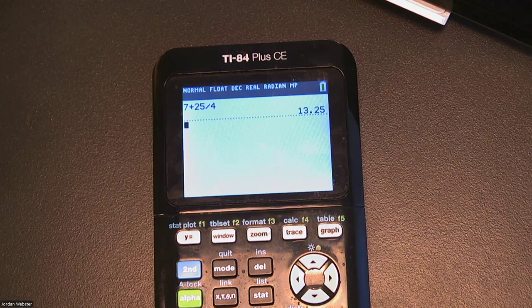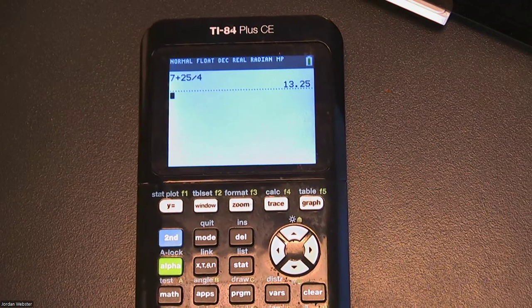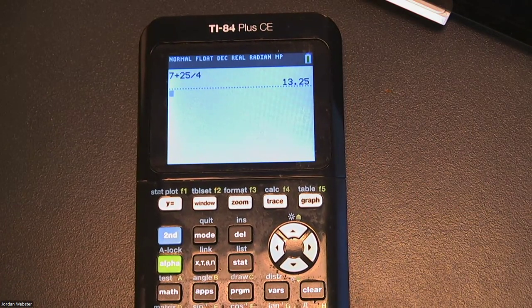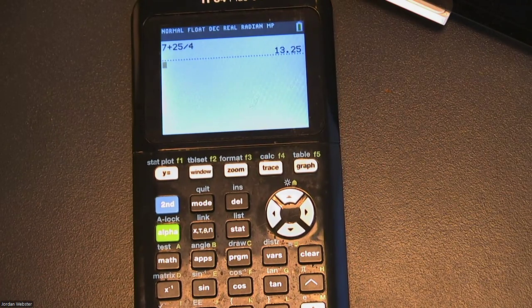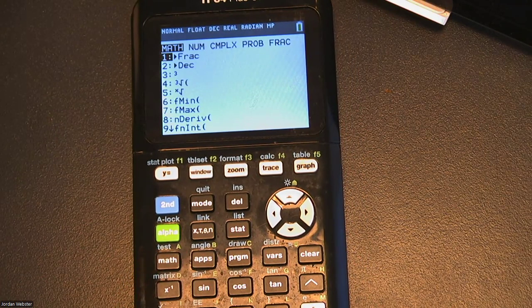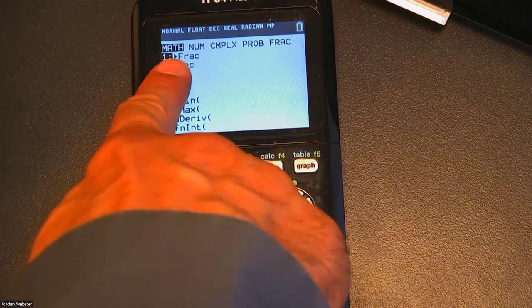My calculator is going to generate the decimal version, which is the 13.25. That's what Moodle's going to want. If you wanted the calculator to give you the fraction version of that number, the easy way to do that is to go into the math menu and just ask for the fraction.